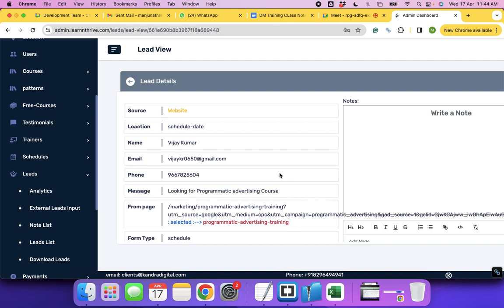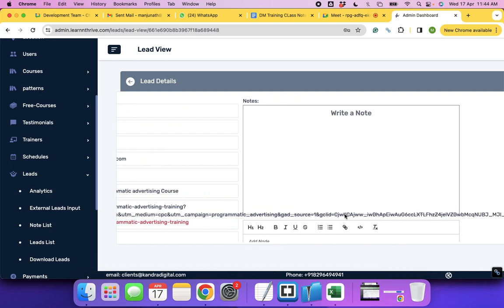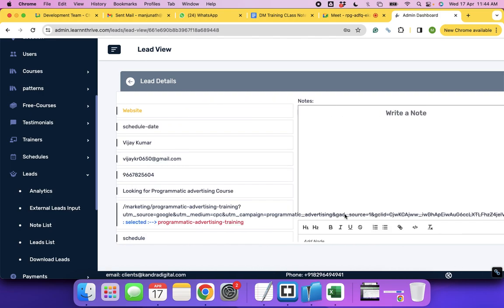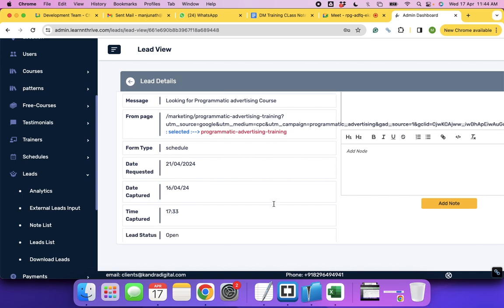The actual URL is programmatic advertising, UTM medium CPC, UTM campaign programmatic advertising. Correct? These are all additional parameters that are getting added to your URL. With this information, we'll be able to identify the user has come from Google Ads. We are running Google Ads for this programmatic advertising course.